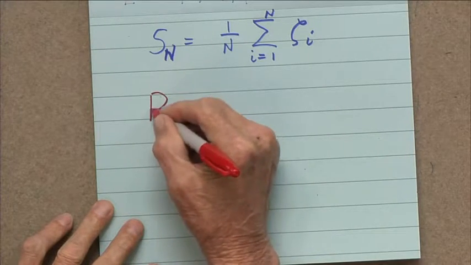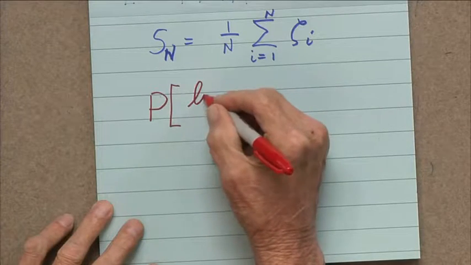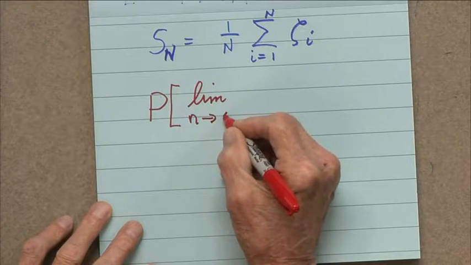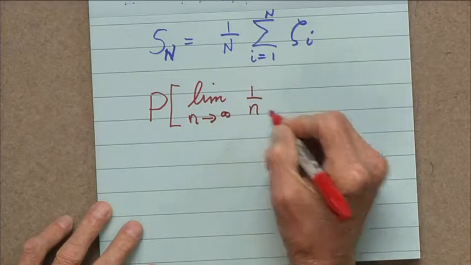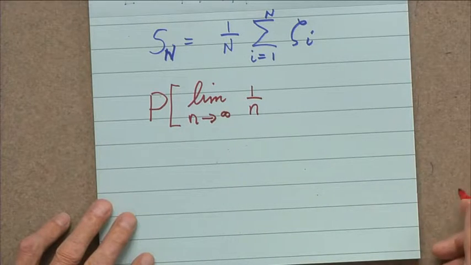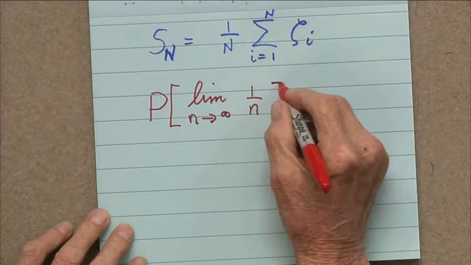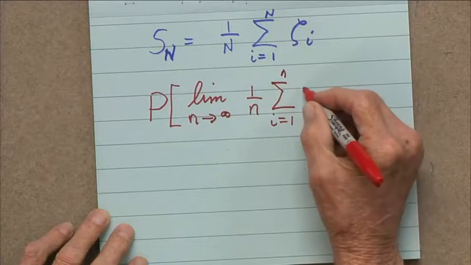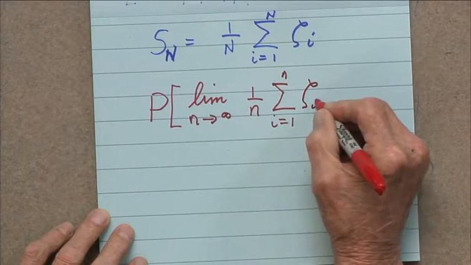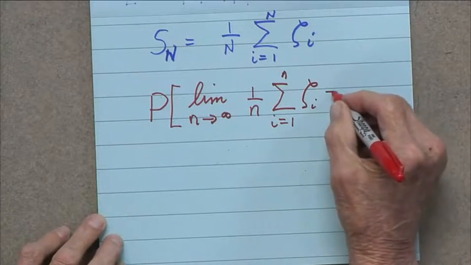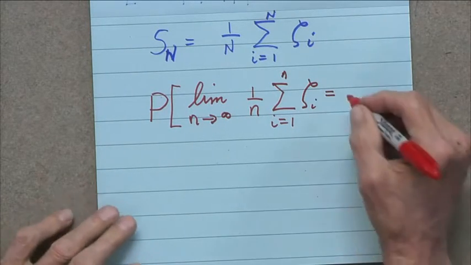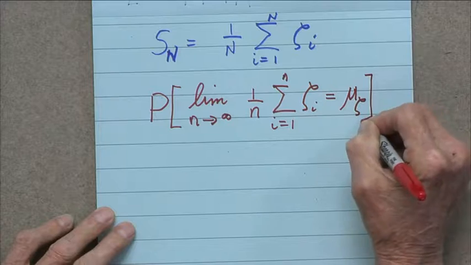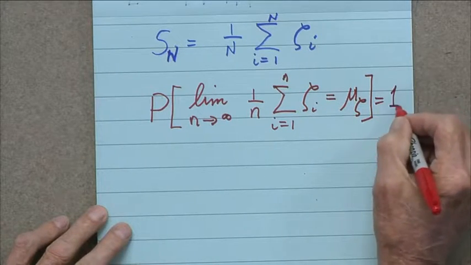The probability that the limit as N goes to infinity of 1 over N summation i is 1 to N of zeta i is equal to mu of zeta is equal to 1.